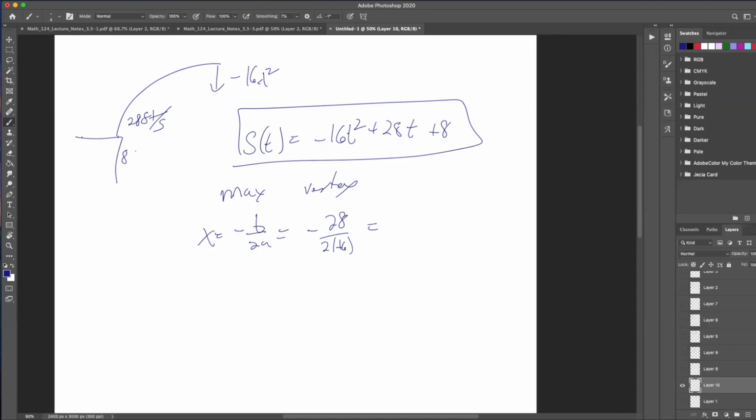I do not trust my little brain right now, so we're going to just use Wolfram Alpha. Where did I hide that Wolfram Alpha? That's fine, I'll just open up a new one. All right, so minus 28, so minus the minus will be positive.